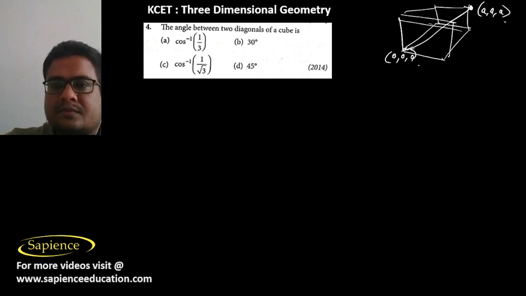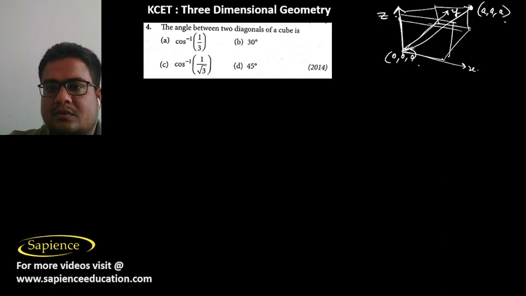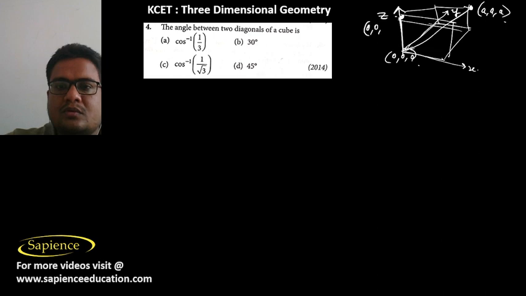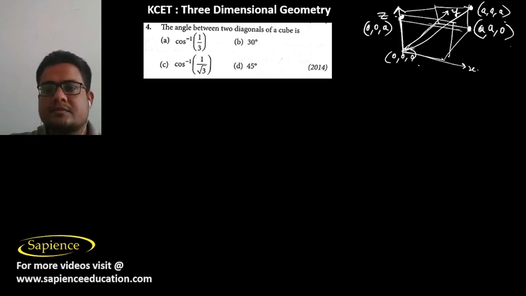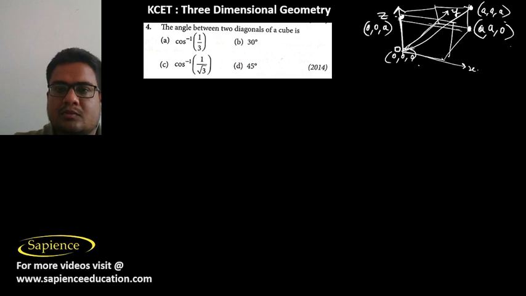Suppose this edge is along the x-axis, this edge is along the y-axis, this edge is along the z-axis. Therefore the coordinate of this point will be 0, 0, a. The coordinate of this point will be 0, a, 0. Let's say this is point O, this is A, this is B, this is C.